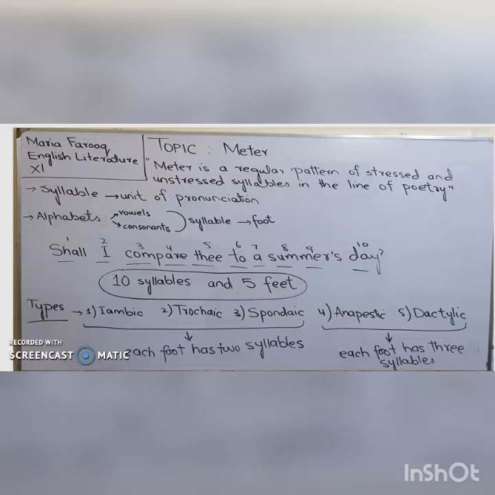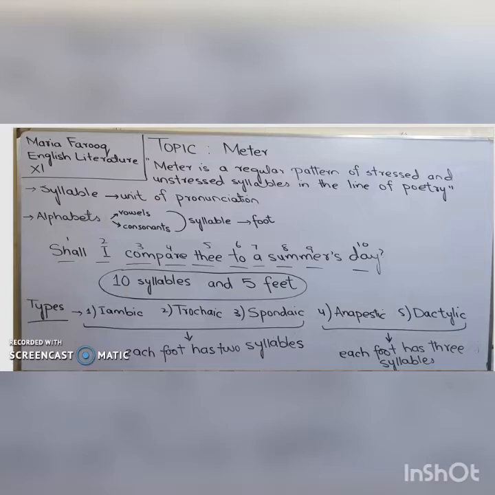So this is a syllable. Now, as far as alphabets are concerned, they are divided into vowels and consonants. Then we have syllables, and different syllables, when they are combined, make a foot.